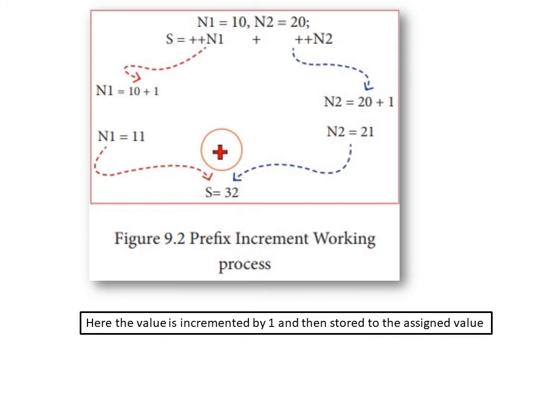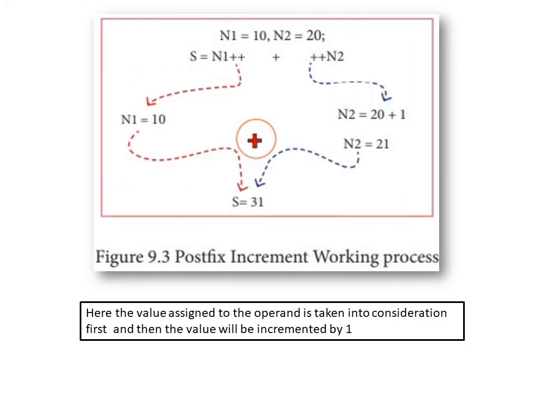But in case of postfix, the difference is that it considers the older value. That means n1's value will be increased by 1 only after the semicolon. So here the previously assigned value is taken into consideration first.